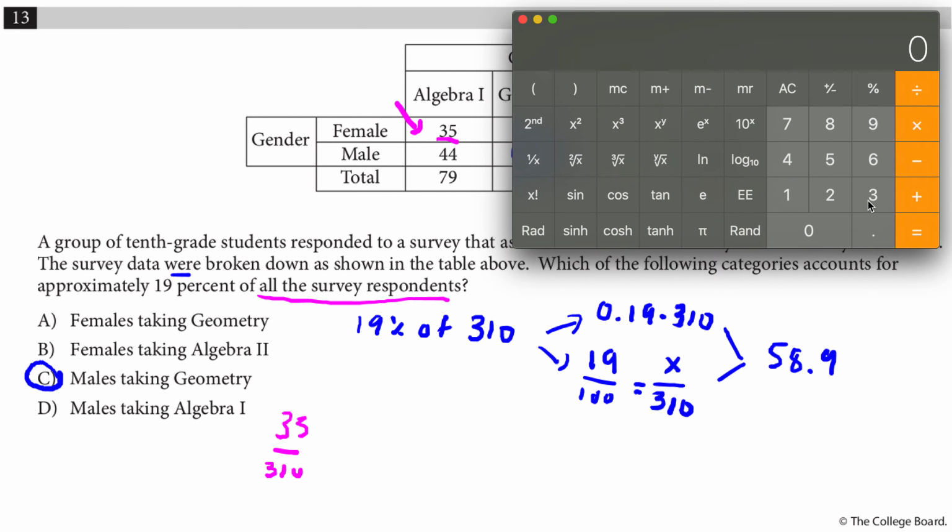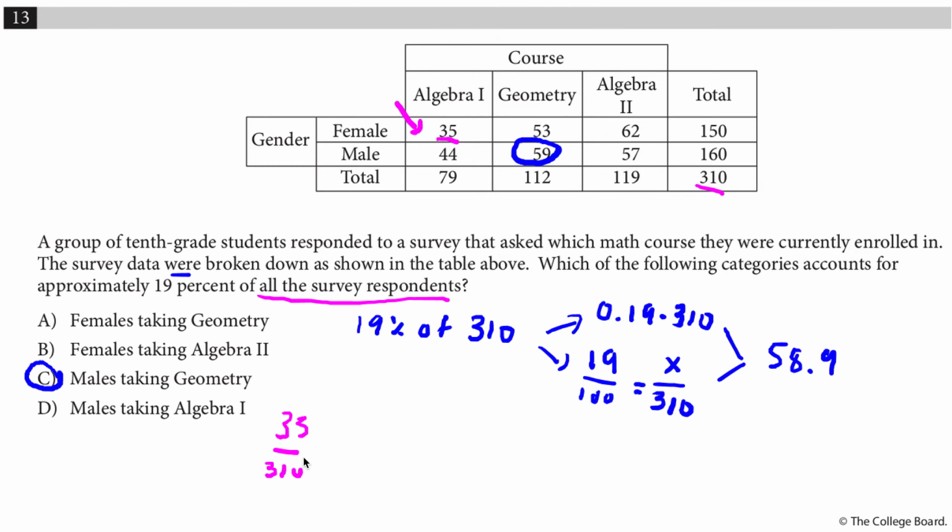Let's try 35 divided by 310. That would give me 0.1129, which is about 11.3%. I know that's not what I'm looking for, so I go on. I could do that for each one of these, but you can notice that instead of just doing one set of calculations getting an answer, now I'm doing 6 sets.